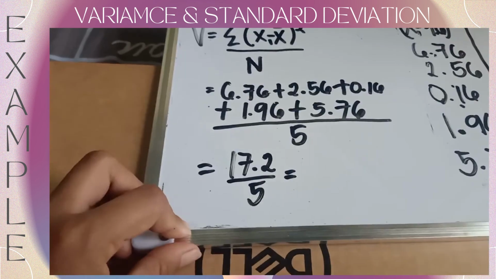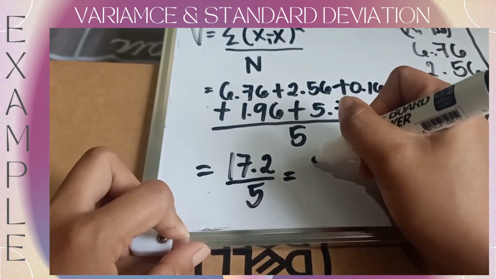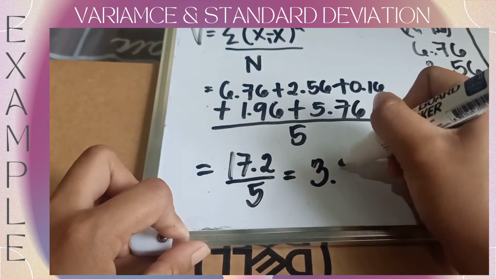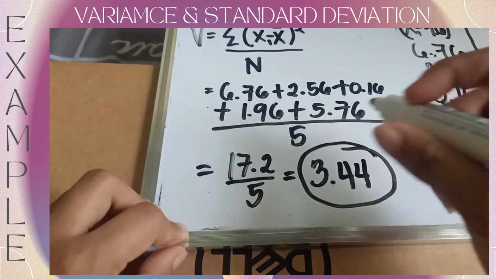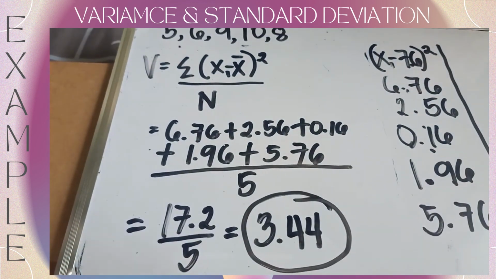So, therefore, ang ating variance is 3.44. Okay, so ito ang ating variance, 3.44.